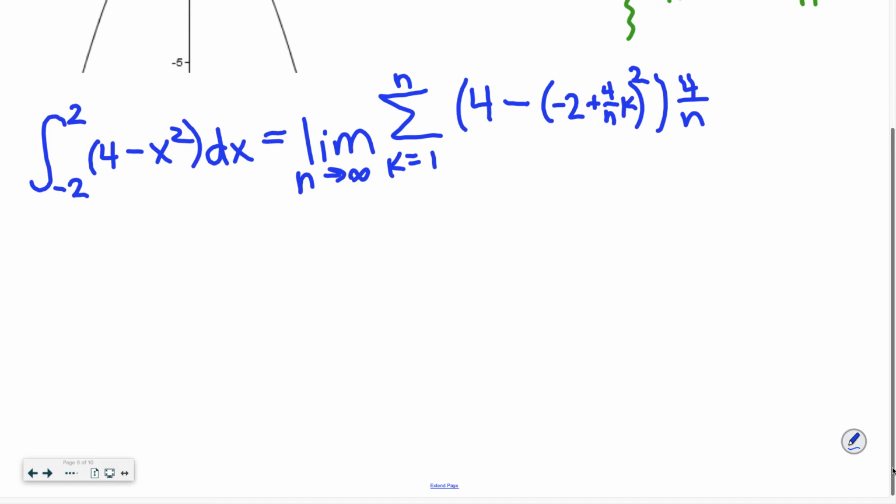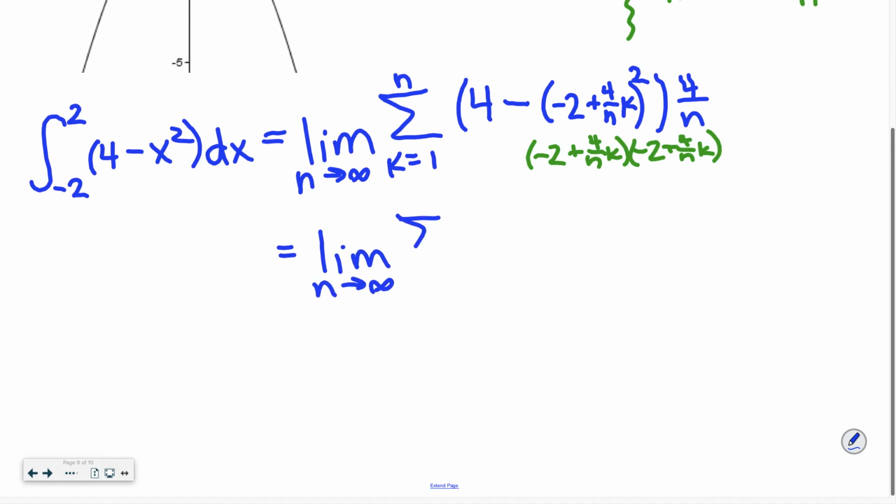The square. Okay? I don't think we need to write this down, but I'm going to write this down for reference. We are taking a binomial times itself, so we are going to have to FOIL. I don't like that word, but I'm going to use it because I know you're comfortable with it. Okay, so when we multiply that binomial out, negative 2 times negative 2 is 4.